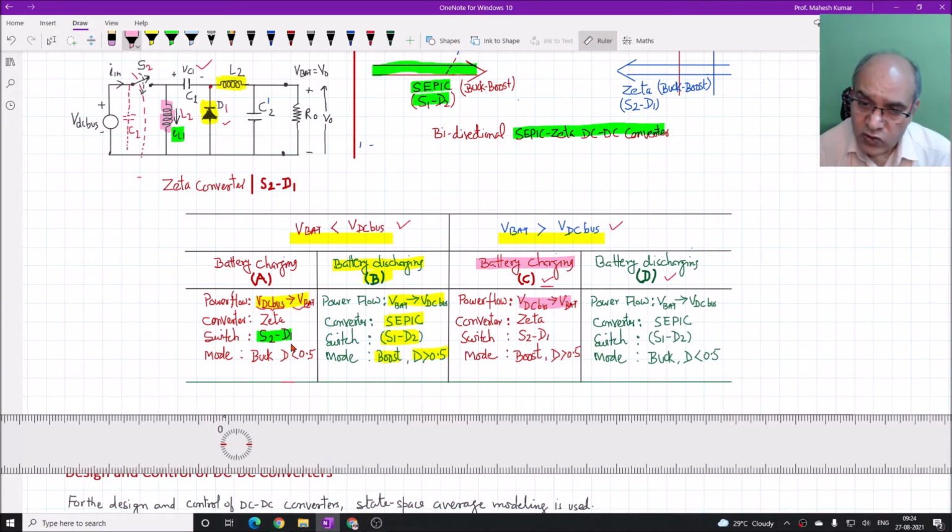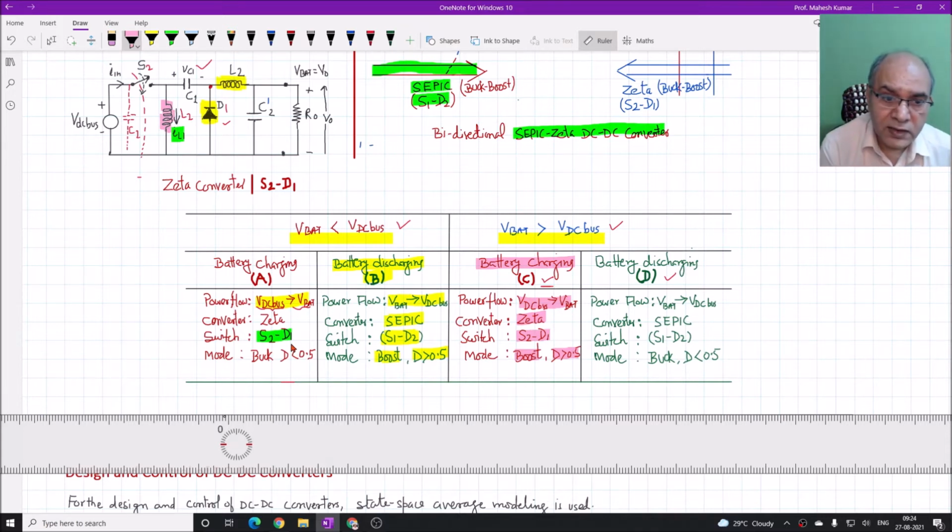So when the power flows from DC bus to battery, what should be the converter topology? Zeta. If I look from the DC bus side, it is a Zeta converter for switch combination of S2 and D1. And since we are going from DC bus, which is at low voltage, to V_bat, which is high voltage, it is a boost mode, and for this D is greater than 0.5.